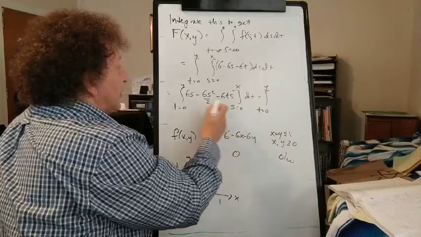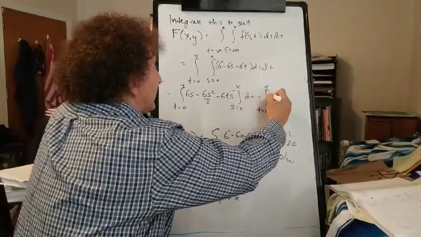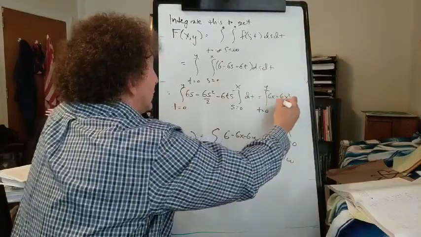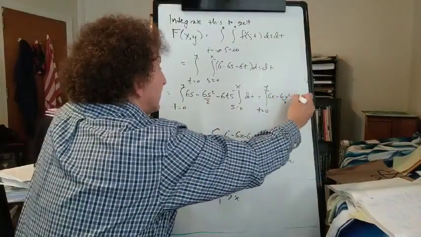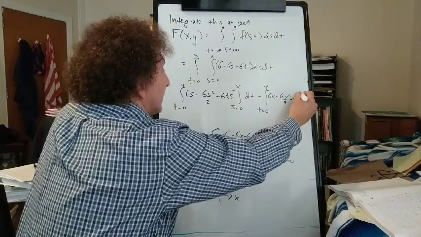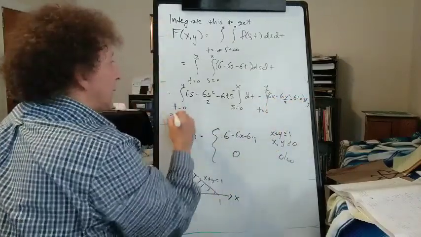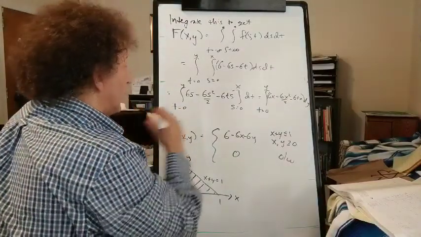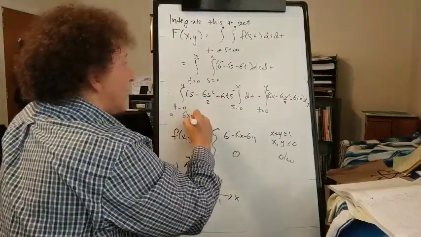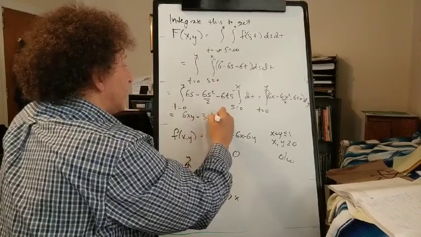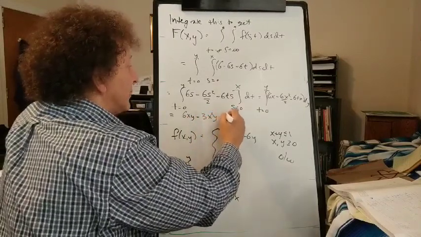When s equals 0, this whole thing is 0, so we end up with 6x minus 6x squared over 2 minus 6tx. Now we integrate this dt. So we have 6xy minus 3x squared y minus 6.